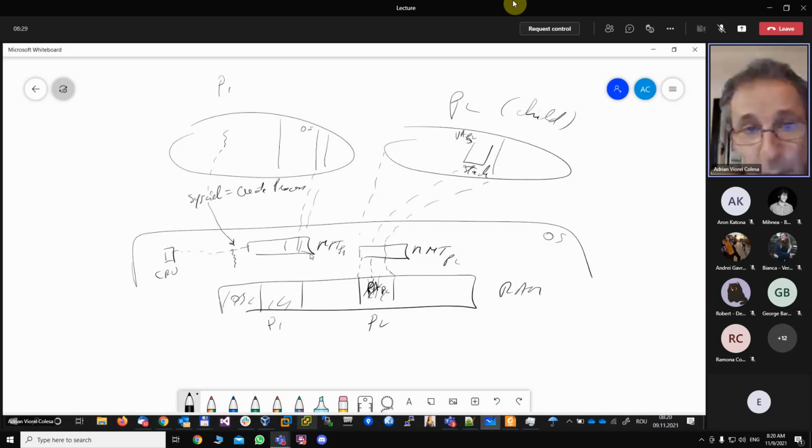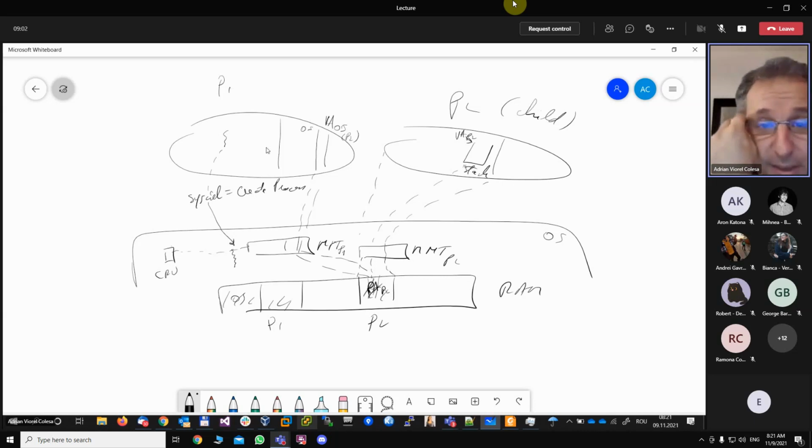And now the OS will use VA in OS for the P2 memories, which actually access the physical memory allocated to P2, but they are somehow translated into virtual addresses inside the OS. So that's the only way in situations like that for the OS to access memory of other processes.